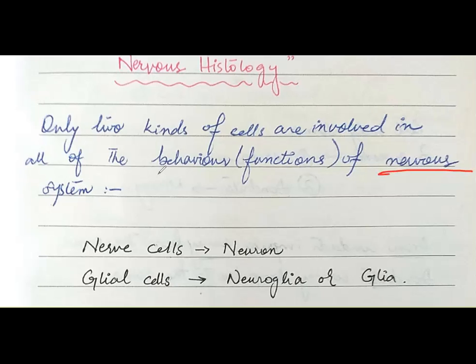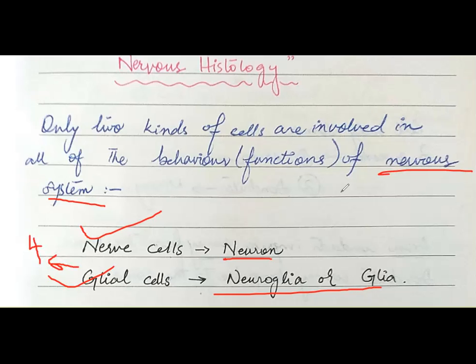Our nervous system is composed of two types of cells: the nerve cells, which we call neurons, and the glial cells, which we call neuroglia or glia. These glial cells are subdivided into four; we have four types of glial cells.